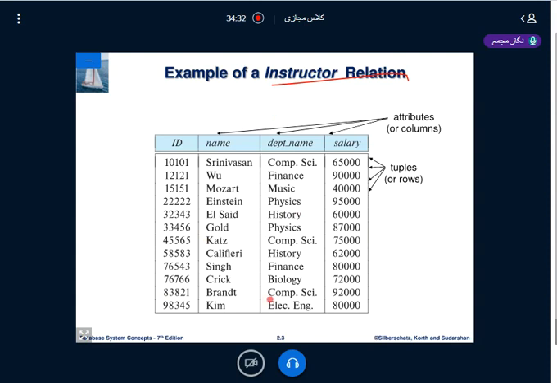This is the table, this is the relation about the instructor. For example, in this table we want to show the data of the instructor, the data of the professor, and with the attributes and with the tuples, we want to show the data.